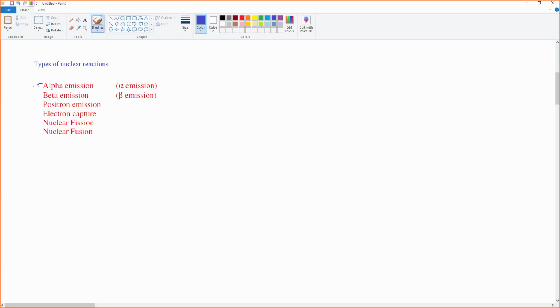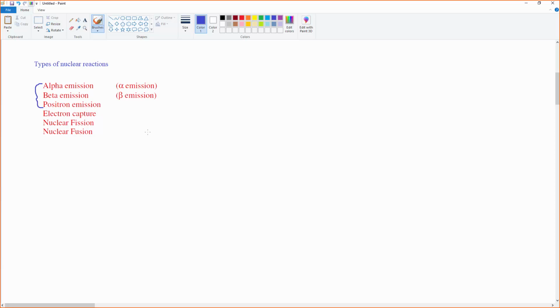So for these first 3, what we see is that something is being emitted or kicked out of the center, that nucleus. So these things are being emitted from the nucleus. These are sometimes also called decay, so alpha decay, beta decay, positron decay.